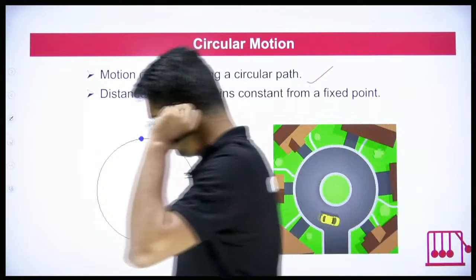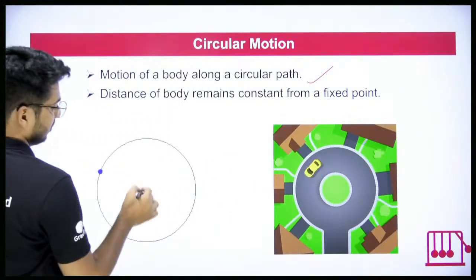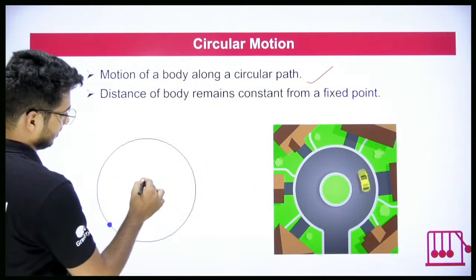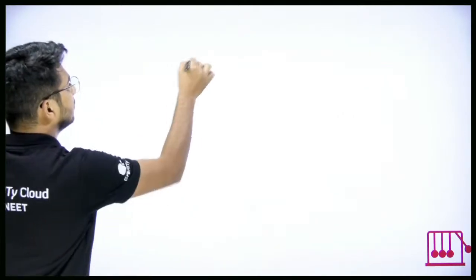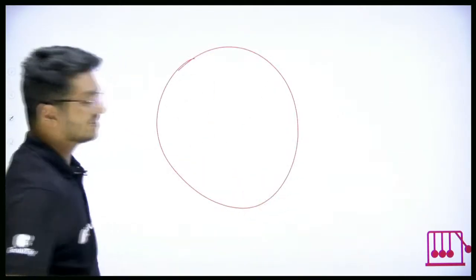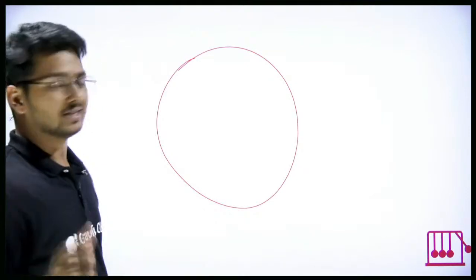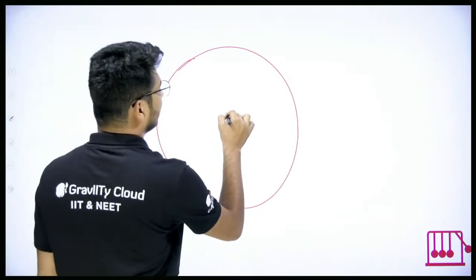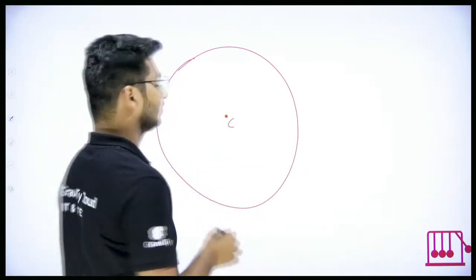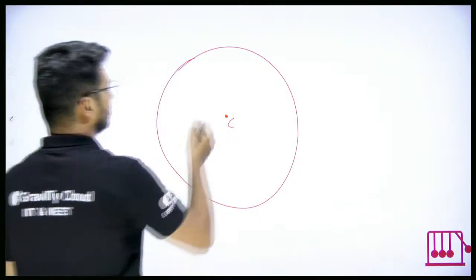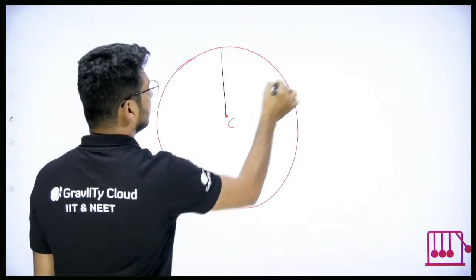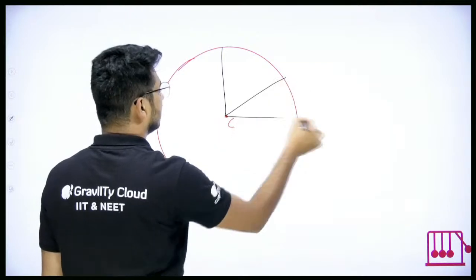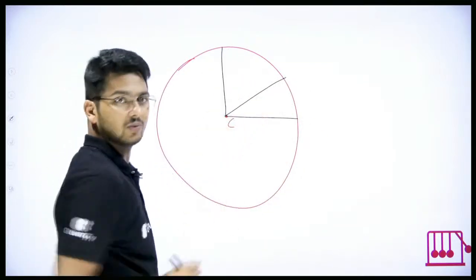And in a circular path, what happens? What is the specialty of a circle? There is a center. I'll just draw it here. If this is a circle, then every circle has a center point. Now from any point on the circle to the center, all these distances are equal.